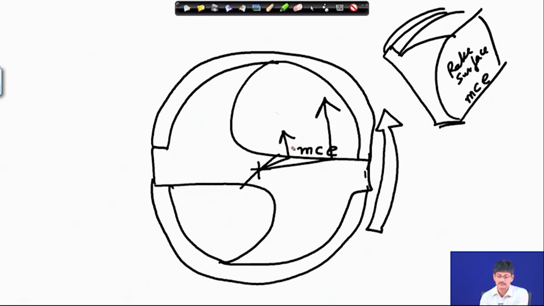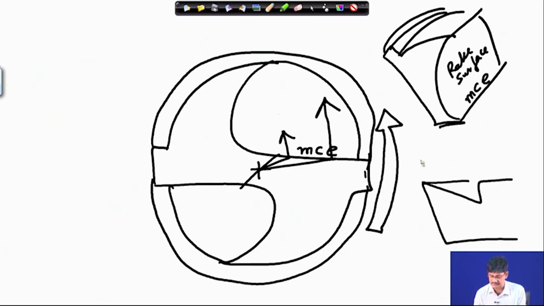Now, what about the inclination angle? The inclination angle, interestingly, in the drill will always be negative. Why? Because this is the cutting edge, this is the velocity vector, and instead of being a positive rake angle or positive inclination angle, say this is inclination angle, we call this positive.